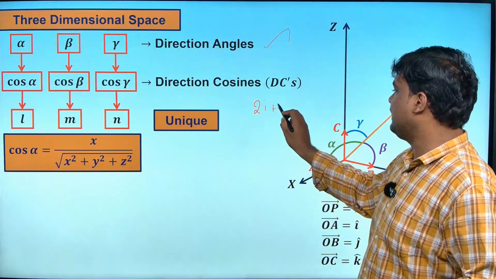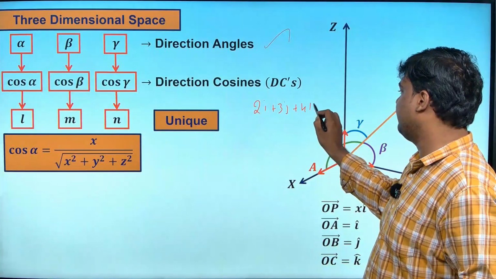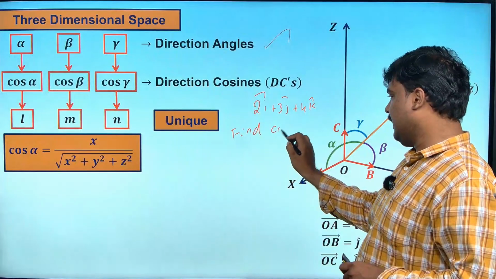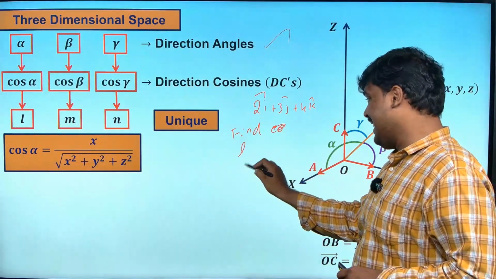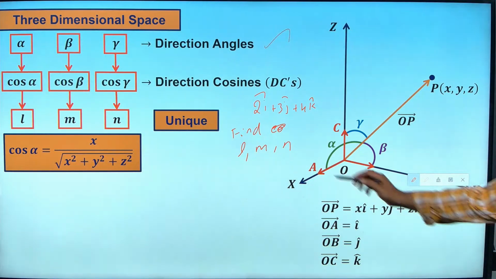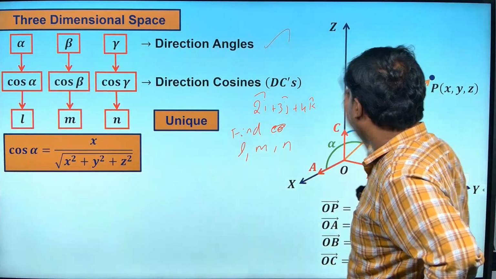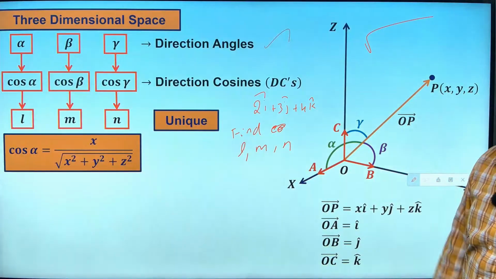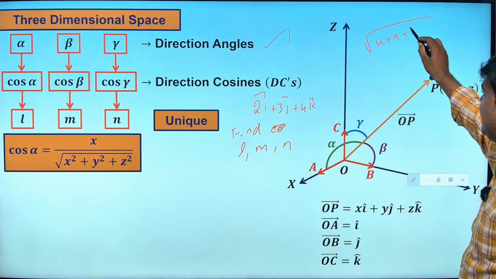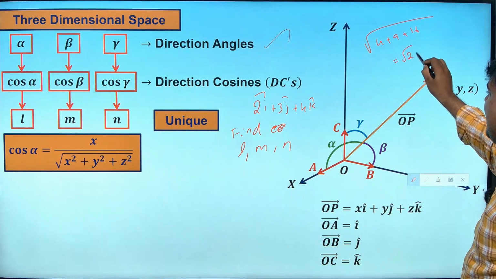I'll give 2i plus 3j plus 4k. Find L, M, N. Come on, find. என்ன பண்ணலாம்? முதல்ல L, M, N கண்டுபிடிக்கிறதுக்கு முன்னாடி I'll find the magnitude of this. என்ன வந்திருக்கும்? 4 plus 9 plus 16, which is root 29, correct?